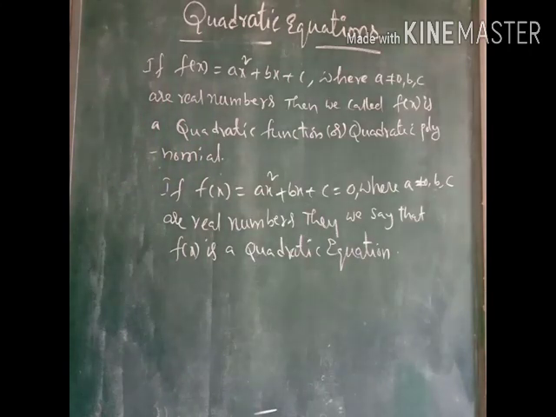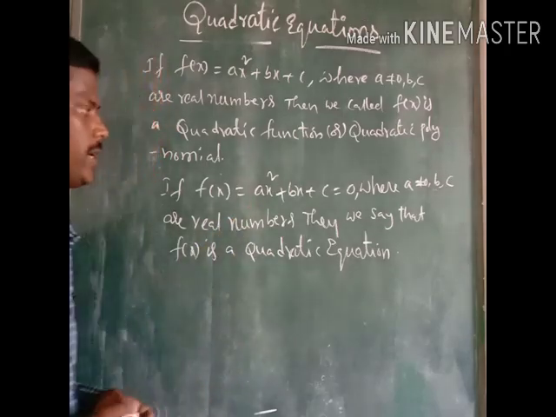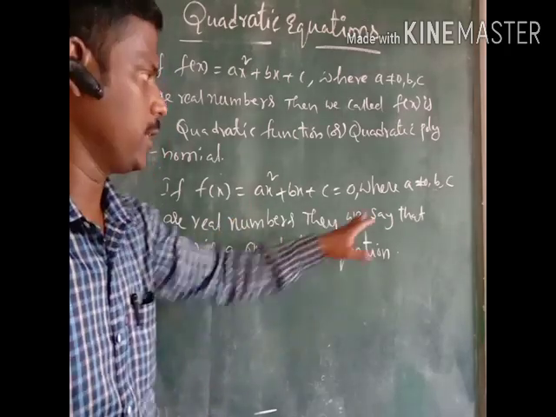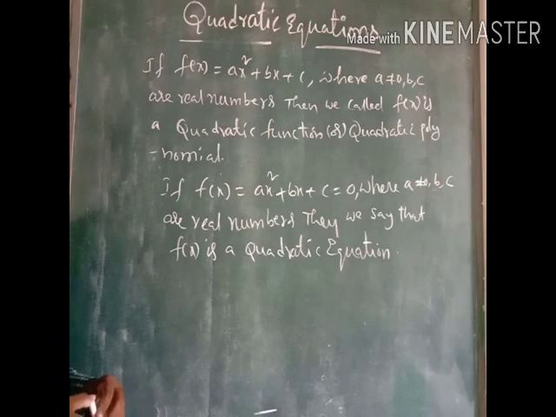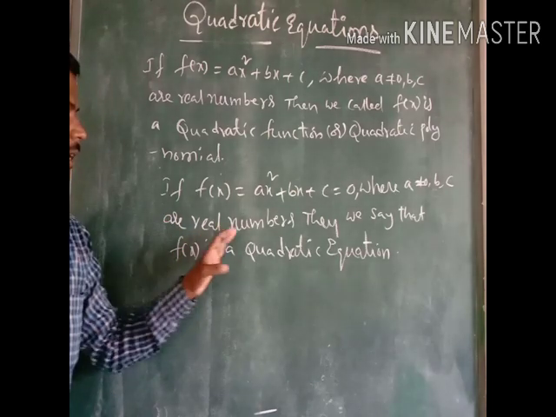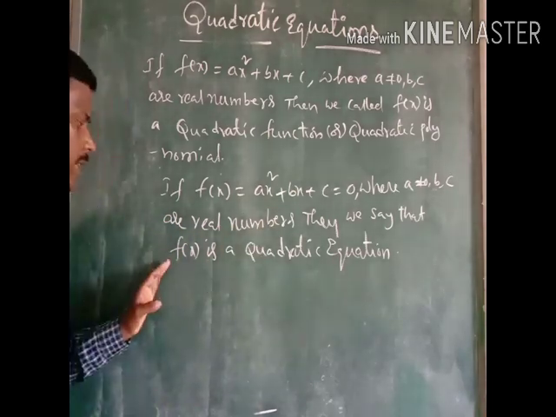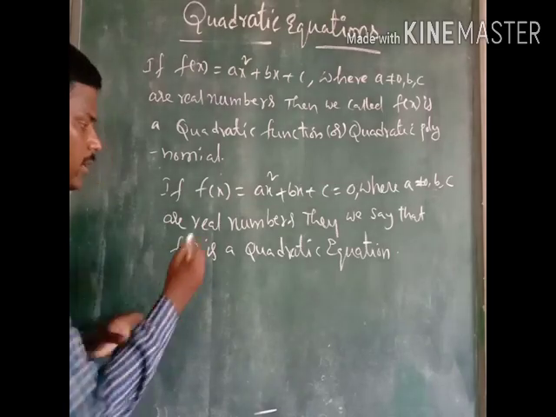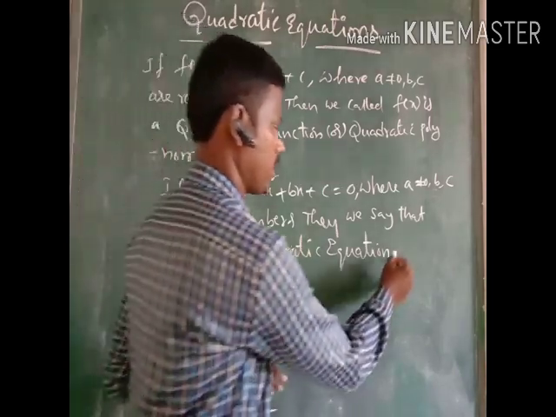Look at the board carefully, children. Understanding? If f of x equals ax square plus bx plus c equals 0, where a is not equal to 0, b, c are real numbers, then we say that f of x is a quadratic equation.